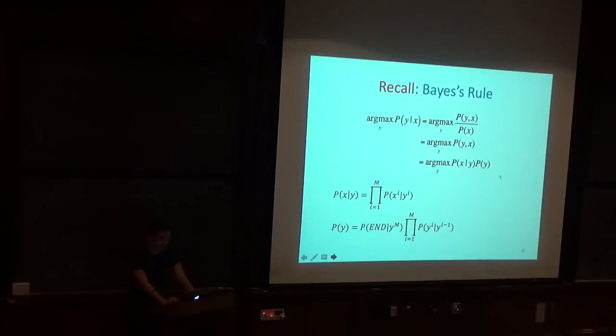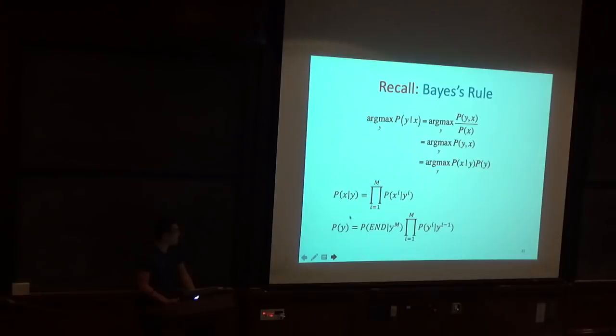And then we can, of course, refactorize this as P of x given y times P of y. And these two terms are terms that we can just read off in our probability table. Right? So P of x given y completely factorizes into the individual probabilities x_i given y_i.